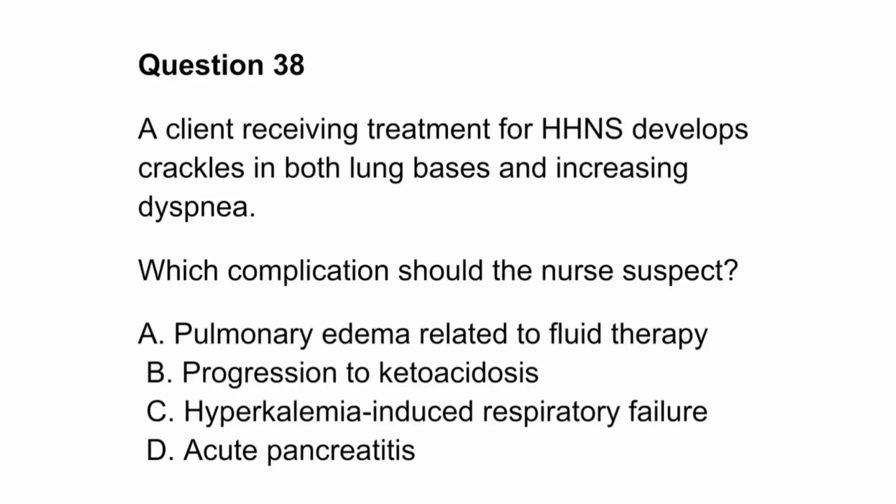Question 38. A client receiving treatment for HHNS develops crackles in both lung bases and increasing dyspnea. Which complication should the nurse suspect? A. Pulmonary edema related to fluid therapy. B. Progression to ketoacidosis. C. Hyperkalemia-induced respiratory failure. D. Acute pancreatitis.